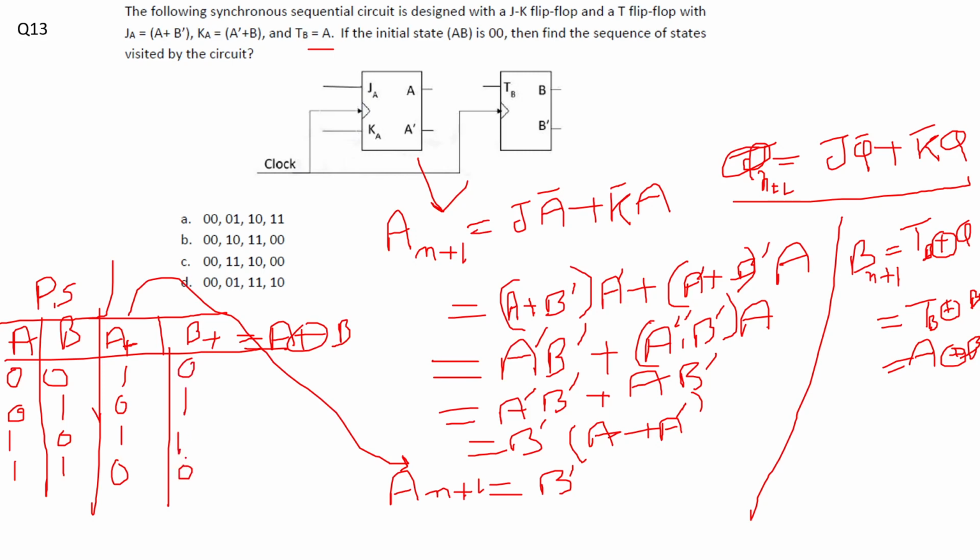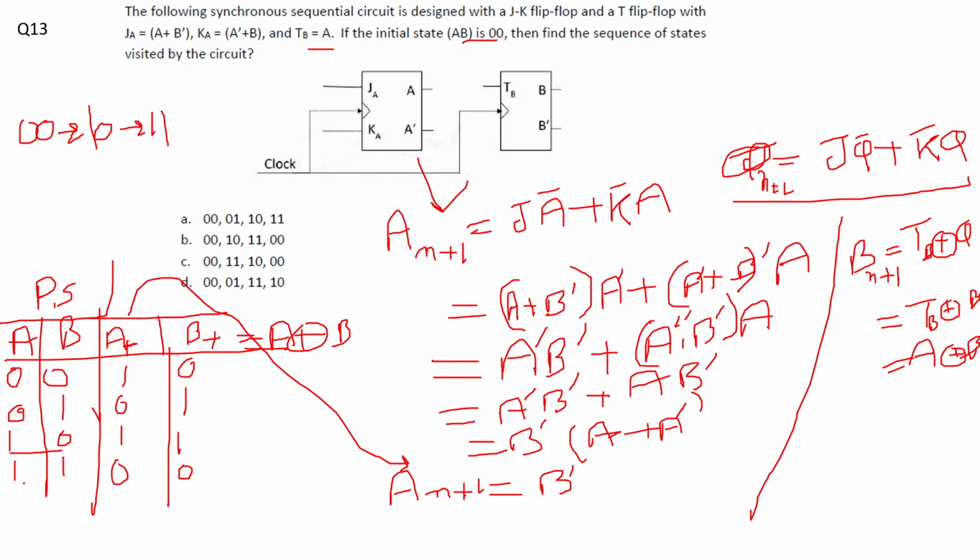Now we have to find the sequence it will follow. It starts with 00, the given initial state, and with 00 it goes to 10. Now with 10 as my present state, it will go to 11.